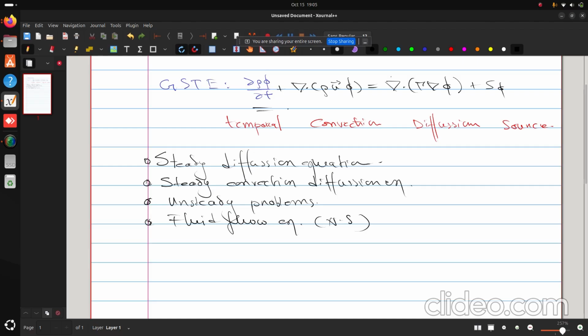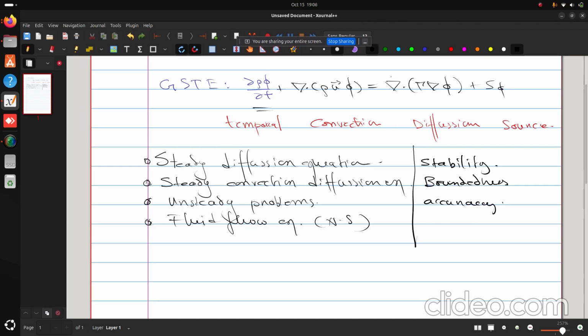And there was also the concept of stability, boundedness, and accuracy, right?